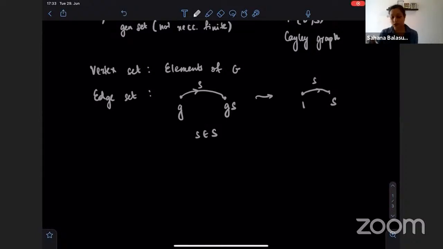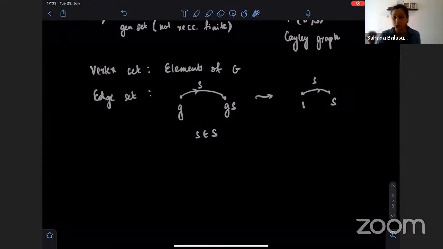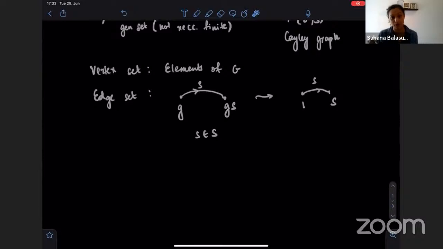The reason this is an oriented edge is because when you read labels in your Cayley graph, moving from left to right across this edge, consistent with its orientation, I will read this as an s. But if I were to move in the reverse direction across this edge, I will read that as an s inverse. That's why my edges always have a certain orientation.